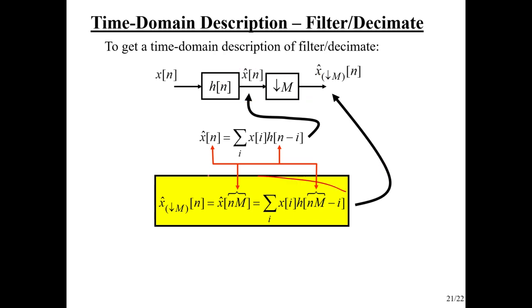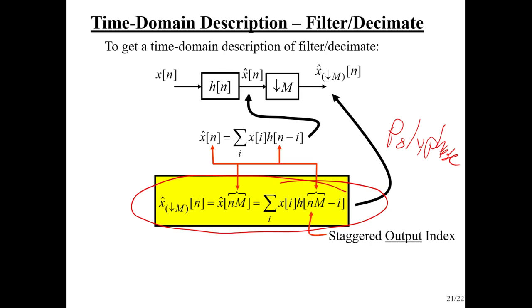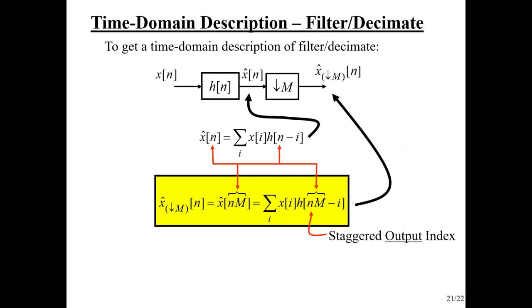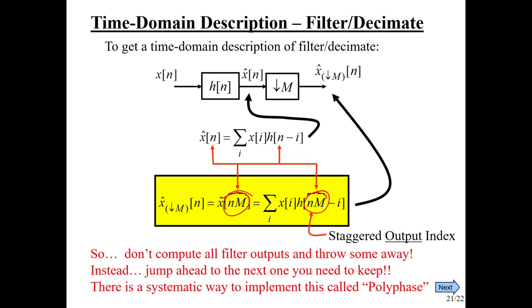And so this is a good thing to remember. Although we don't usually implement it that way, one could. That's where this polyphase filter idea comes into play. So if you want to look in Proakis's book on that or somewhere else. So here we have a staggered output index. This is what controls where we're taking our output from. And that just says what I just said.